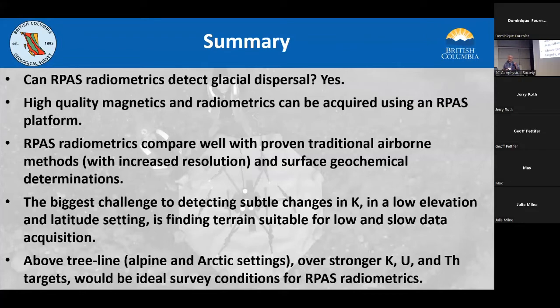So we're measuring very low concentrations in the big picture of potassium and subtle changes in potassium. And so I think those would be more ideal survey conditions.